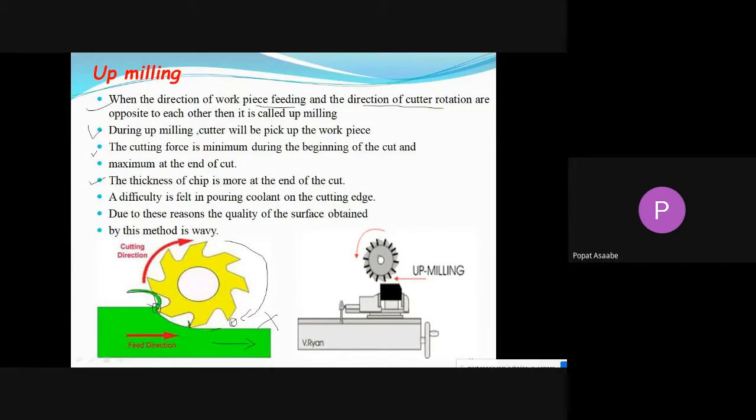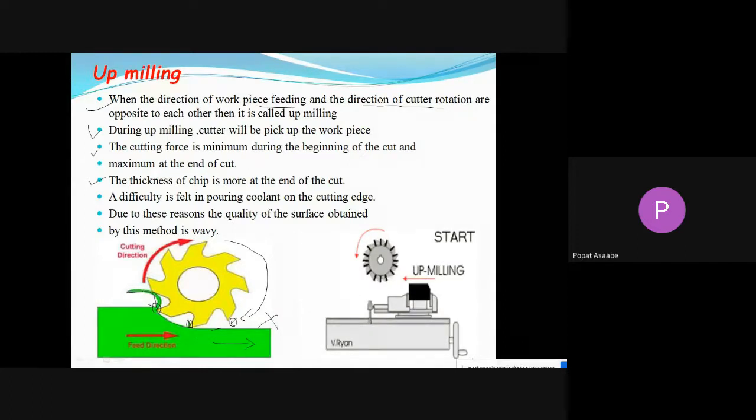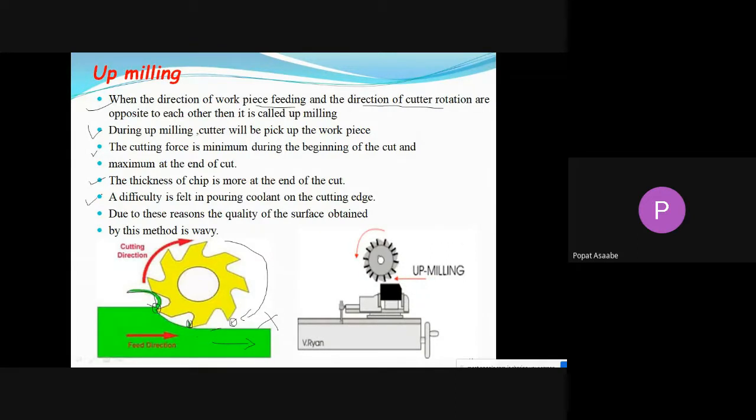See, this is the chip. Initially, whatever chips are generated, the thickness of the chip is smaller, and whatever chips are generated at the end, the thickness of the chip is bigger. Means you have to remember the thickness of the chip in up milling is more at the end.